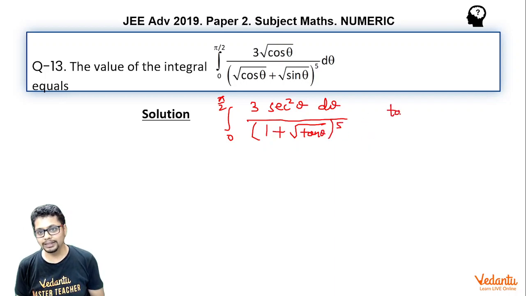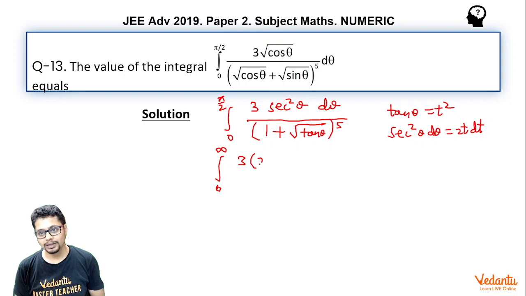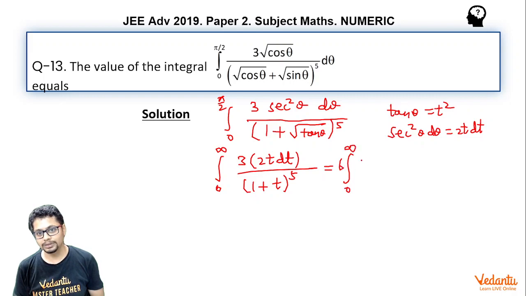Now we can take tan theta as t square, which essentially would mean sec square theta d theta is 2t dt. And the limits will change from 0 to pi by 2 to 0 to infinity, and you'll get 3 times 2t dt divided by (1 plus t) whole to the power 5. So basically it becomes integral 0 to infinity 6 times t by (1 plus t) whole to the power 5 dt.